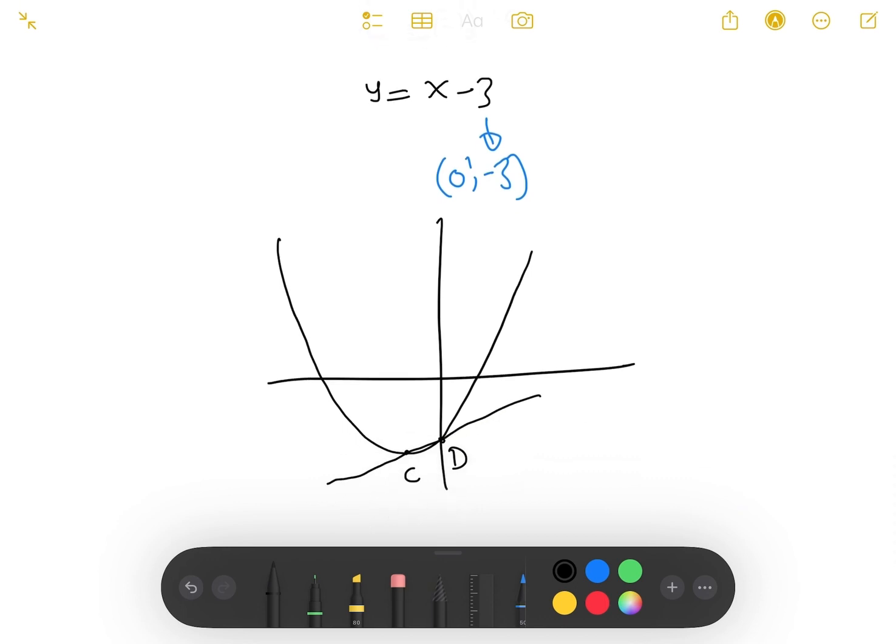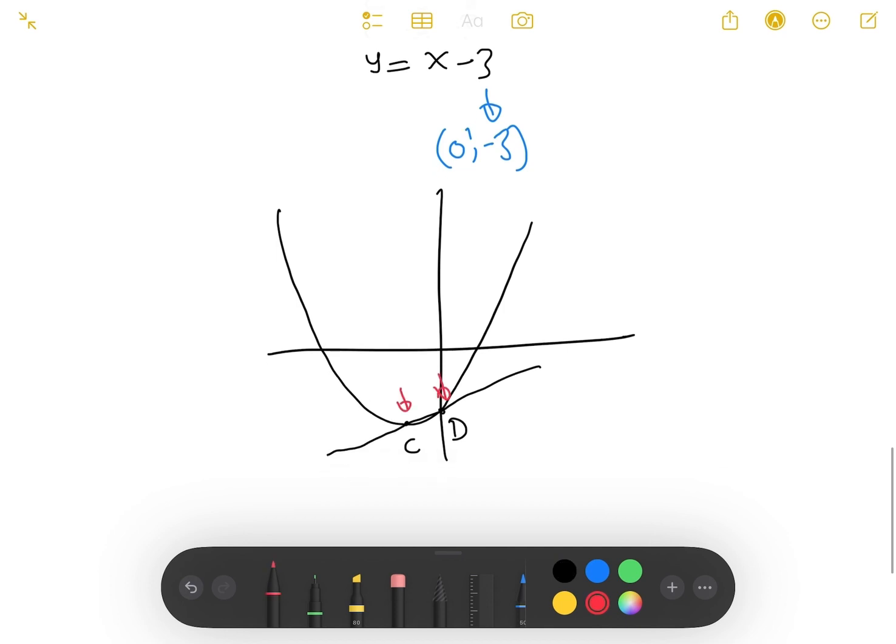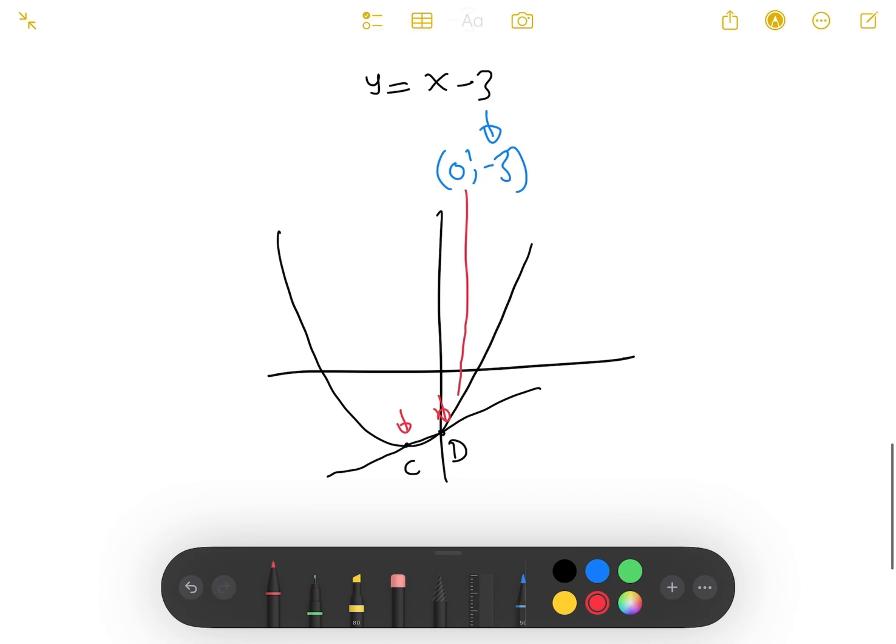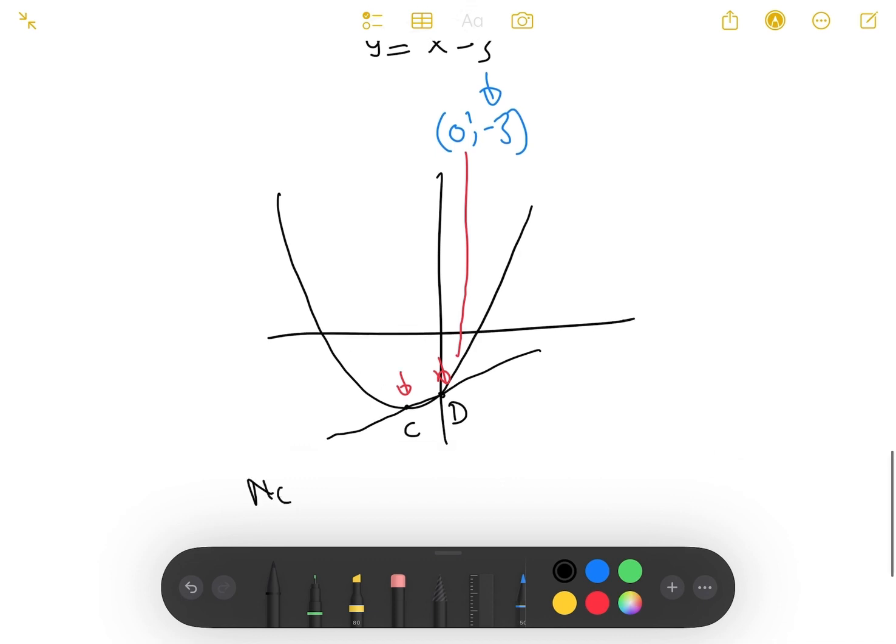It touches how many points? Let's look: 1, 2 points, since we know the other point is D. So what is the conclusion? No, it is not a tangent. Why? It touches or crosses 2 points on the graph.